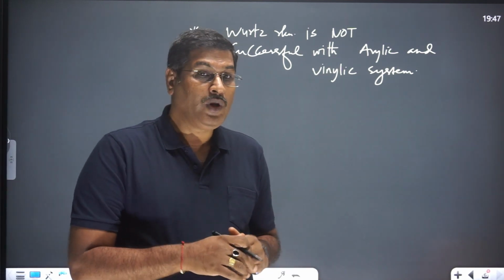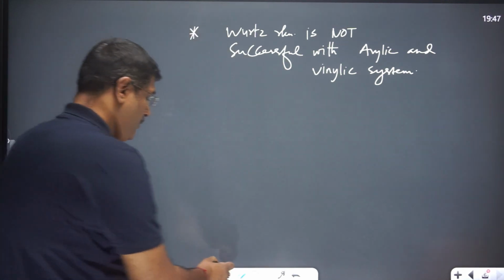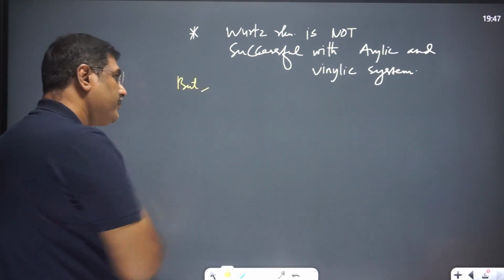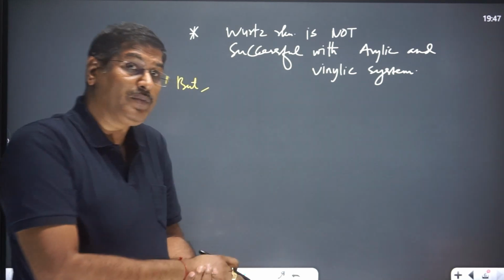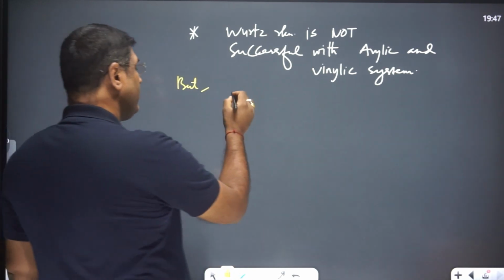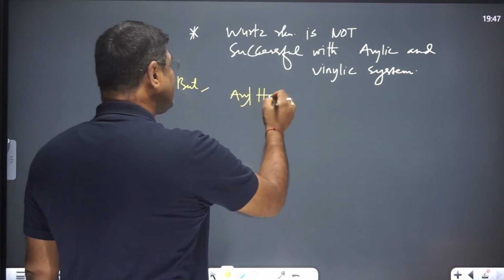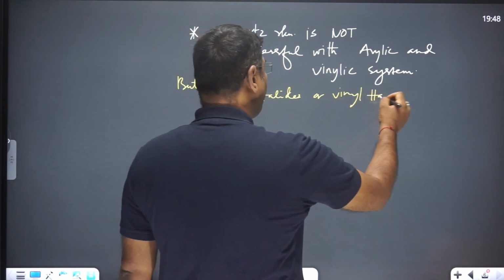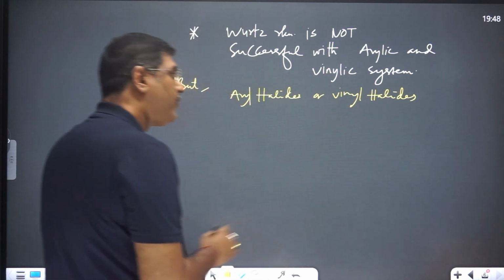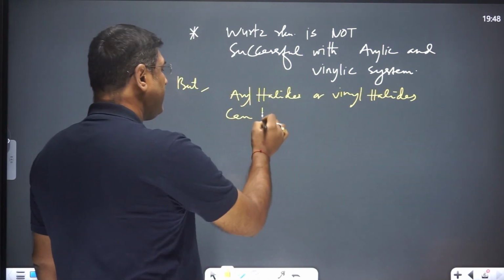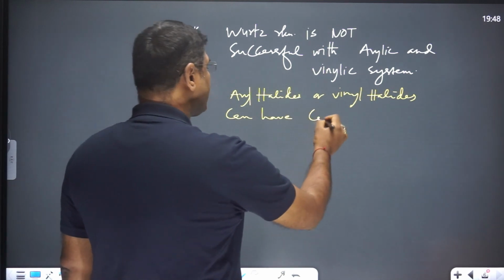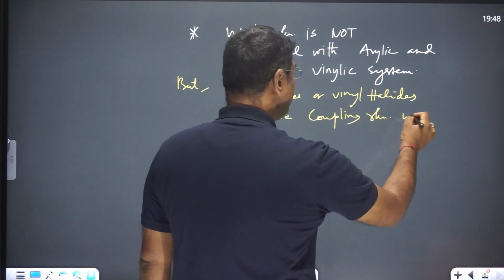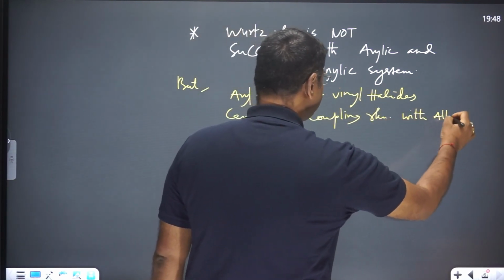Right? One more modification is there. What is that modification? Aryl alkyl groups can be synthesized by coupling. Aryl halides or vinyl halides can undergo this kind of coupling reaction with alkyl halides.